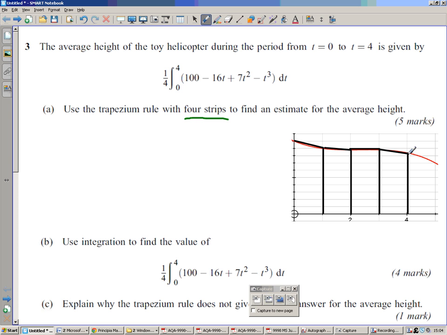So in the table, if we have our x values going from 0 to 4, notice there are 5 what we call ordinates. There are 5 x values, but there are 4 strips.